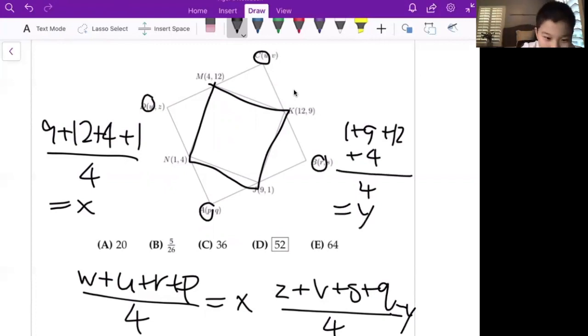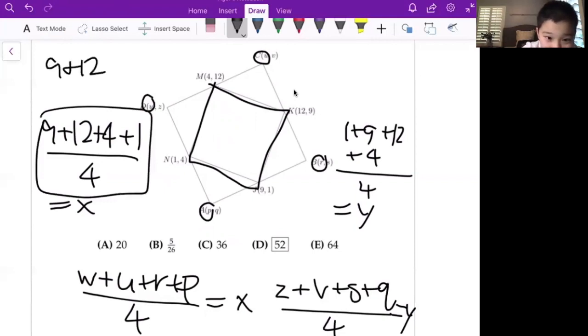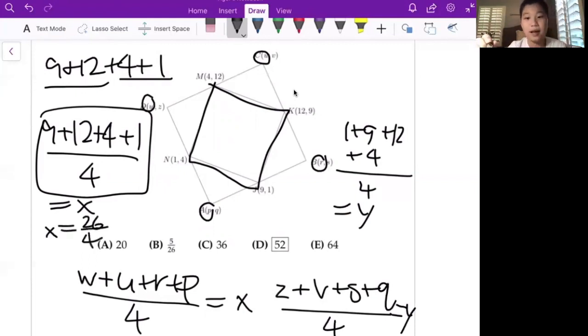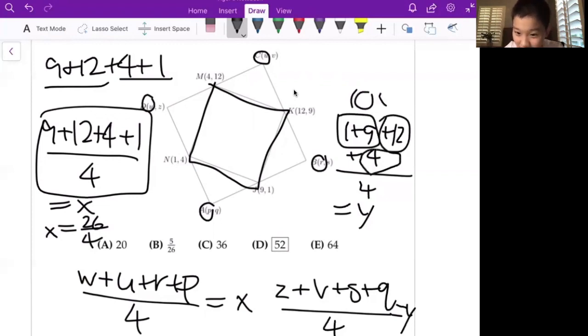So let's calculate. 9 plus 12 is 21, and then plus 4 plus 1, which is 5, so you get 26. So x equals 26 over 4. Then again, 1 plus 9 is 10, then 12 plus 4, that's 26. So y is also equal to 26 over 4.